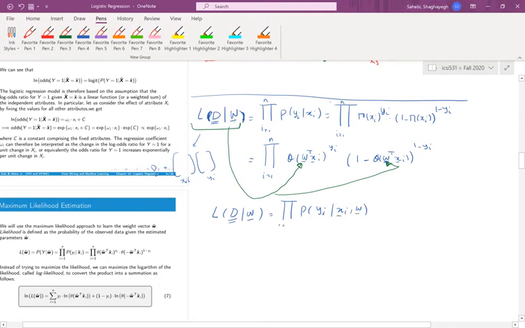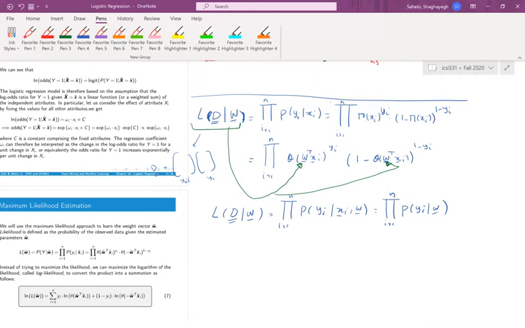This multiplication. Or actually we can assume that Xi is already there and simply write the probability of Yi given W.